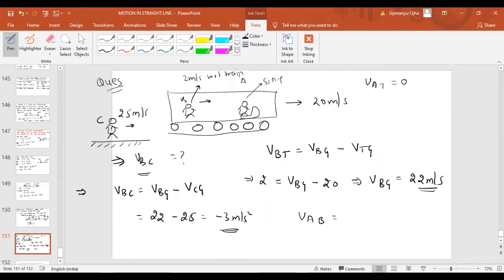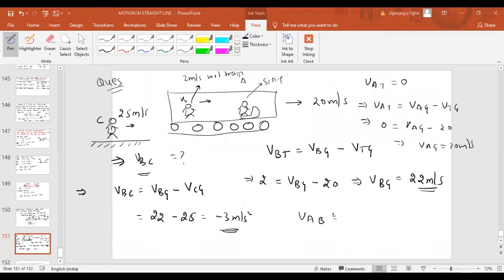What is the velocity of A with respect to the train? That is the velocity of A with respect to ground minus the velocity of the train with respect to ground. So 0 equals the velocity of A with respect to ground minus 20, which means the velocity of A with respect to ground is 20 meters per second.